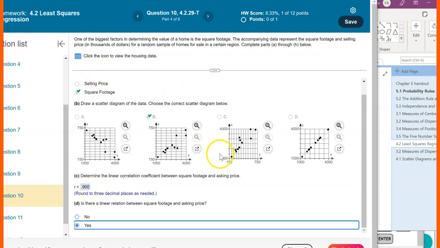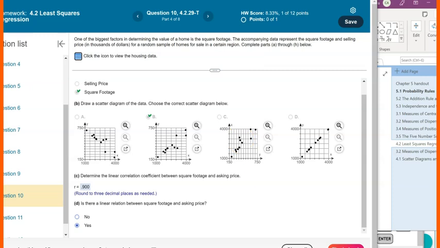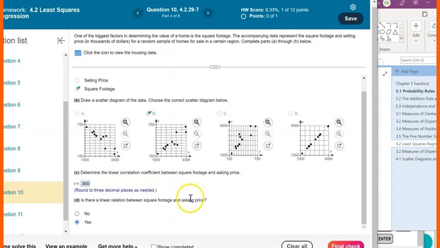The critical value is not given here, but if you want to check it to make sure there is a linear relationship, let's see how many data points there are: 1, 2, 3, 4, 5, 6, 7, 8, 9, 10, 11, 12. The critical value for 12 is going to be 0.576. Obviously this is smaller than the absolute value of r. Therefore 0.900 is greater than the critical value of 0.576, so a linear relationship exists between the square footage and asking price.